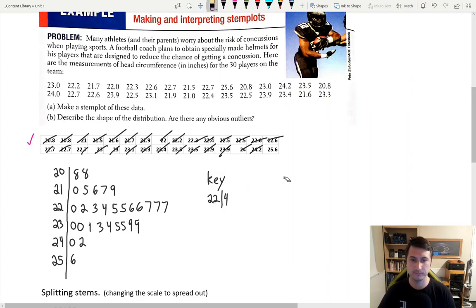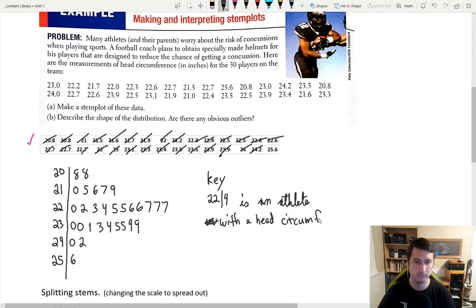Let's see here. 22 bar 4 is an athlete with a head circumference of 22.4 inches.